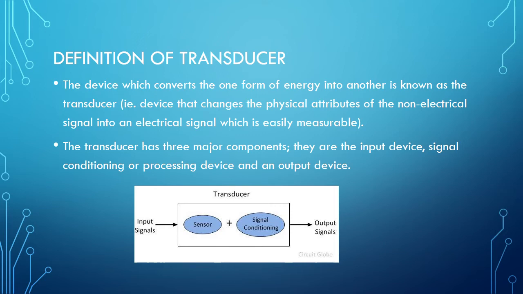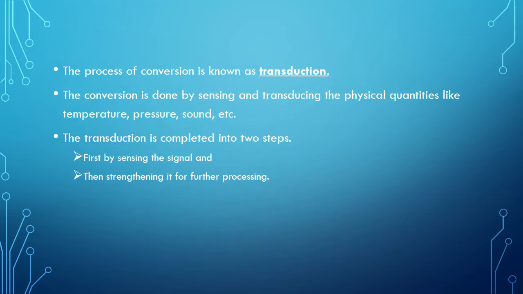The transducer has three major components. They are the input device, the signal conditioning or processing device, and an output device. The process of conversion of one form of energy into another is known as transduction.